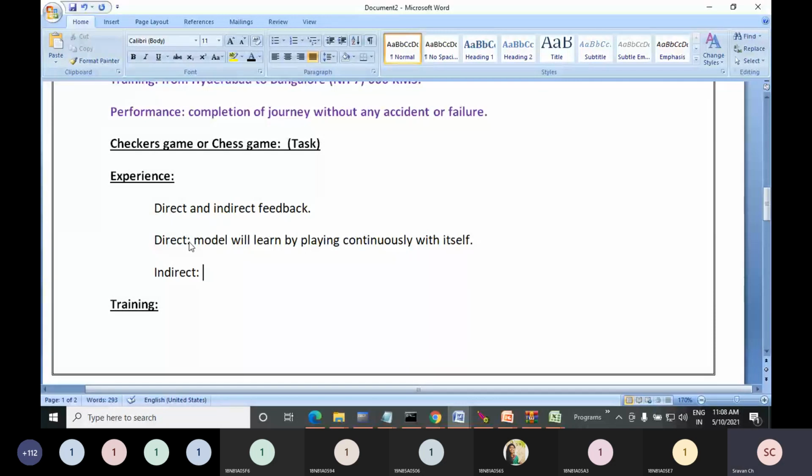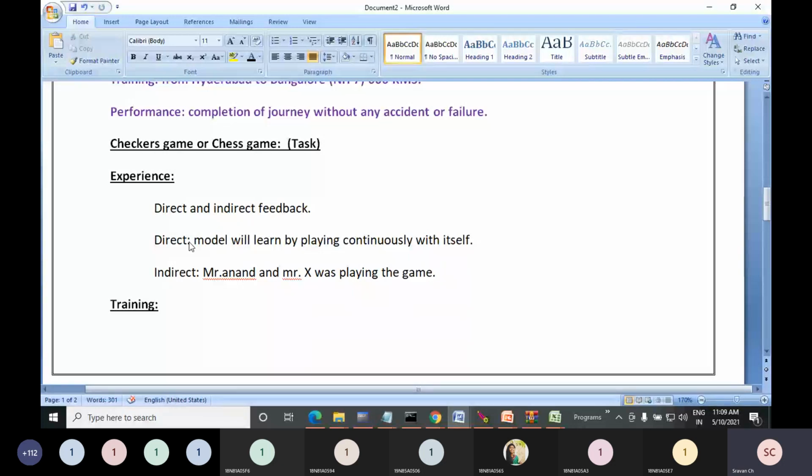Suppose Mr. Vishwanathan Anand and Mr. X were playing the game. At the end, Mr. Vishwanathan Anand has won the game. So I'll try to get the data. What was his first move? What was his second move? Then what he has done. After that, what he has done.